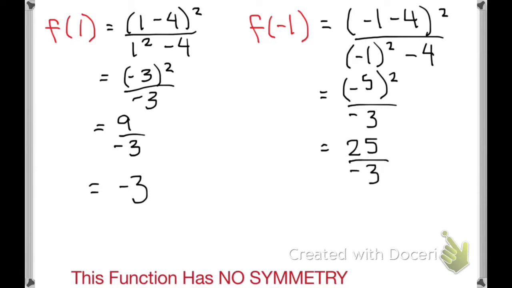Now we see that that means our function has no symmetry. I'm going to explain why that is. Negative 3 and negative 25 over 3 are neither the same number nor opposites, which means that our function is not going to be symmetric about the origin nor about the y-axis.